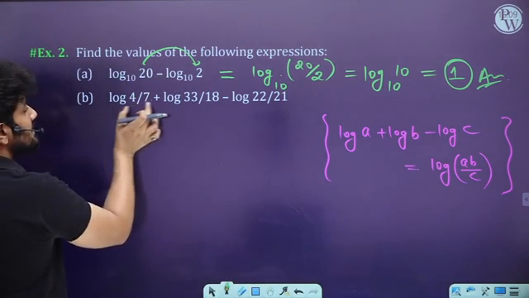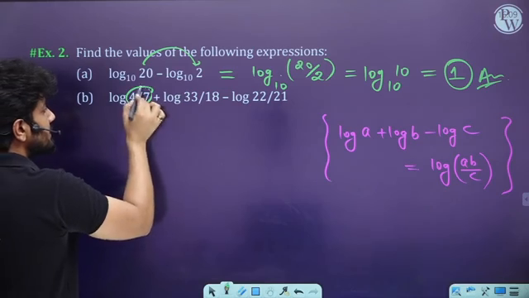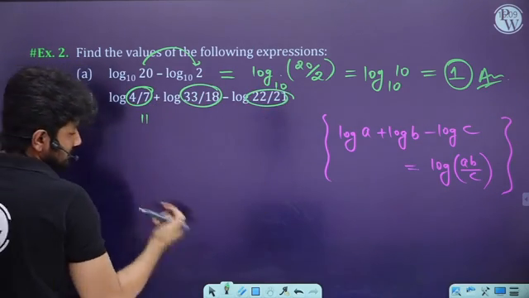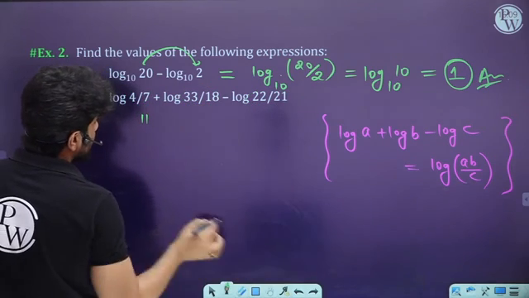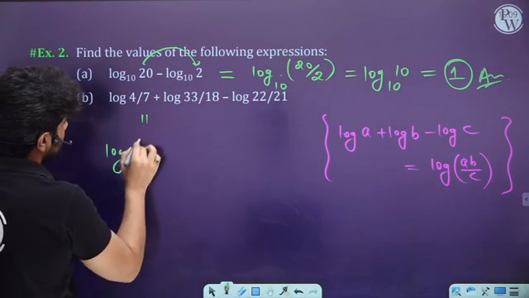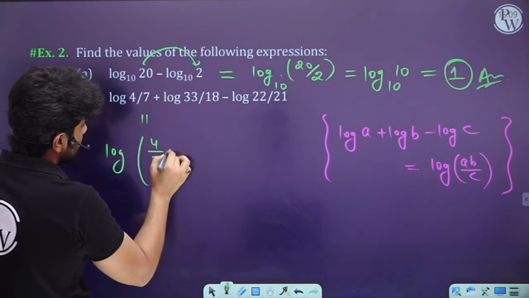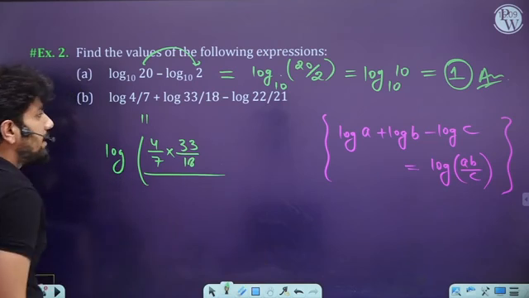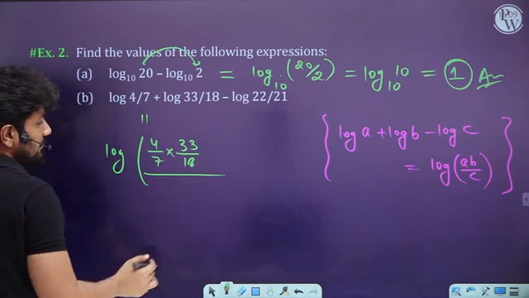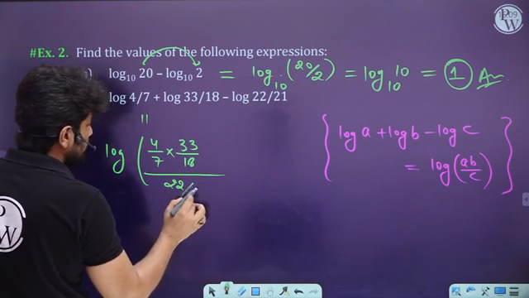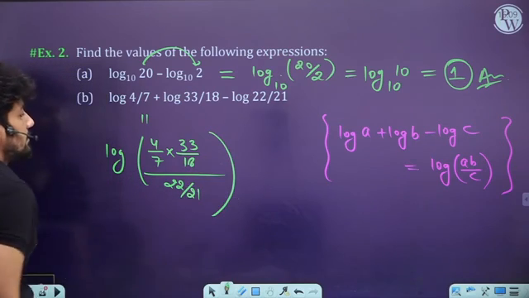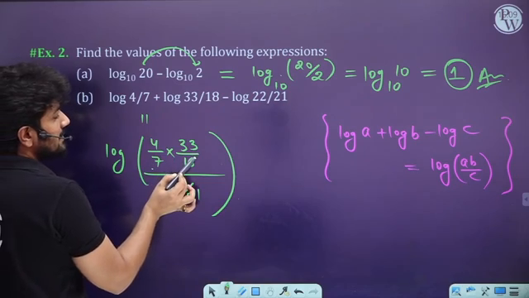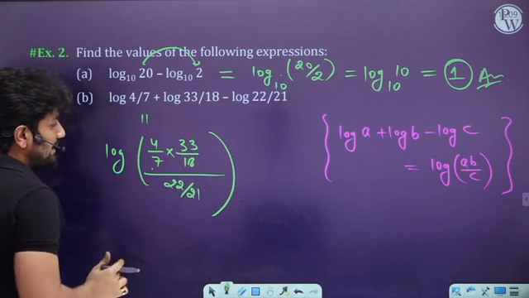Log of 4 by 7, log of 33 by 18: these two numbers will get multiplied and this number will come into the division. So we now have log of 4 by 7 multiplied by 33 by 18 and whole divided by 22 by 21. This will be our answer.